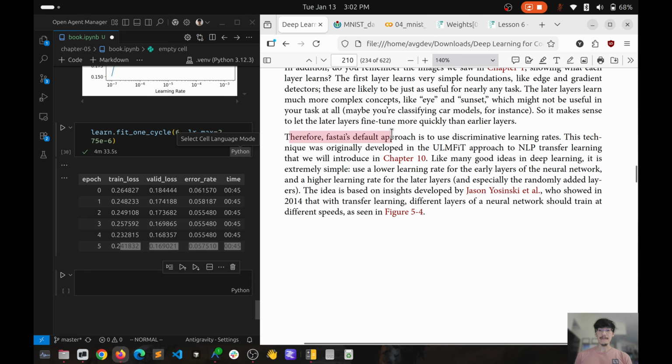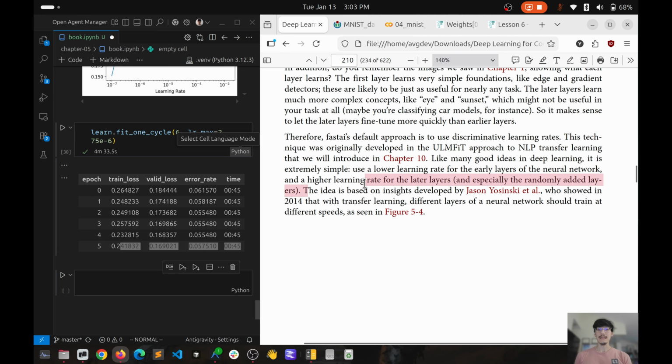Therefore, fastai's default approach is to use discriminative learning rates. This technique was originally developed in the ULMFiT approach to NLP transfer learning that we will introduce in Chapter 10. Like many good ideas in deep learning, it is extremely simple: use a lower learning rate for the early layers of the neural network and a higher learning rate for the later layers, and especially in the randomly added layers.